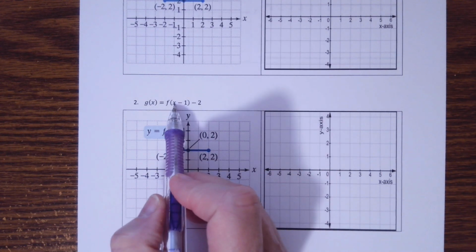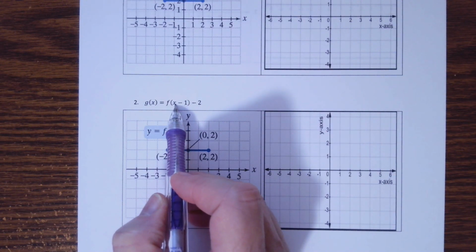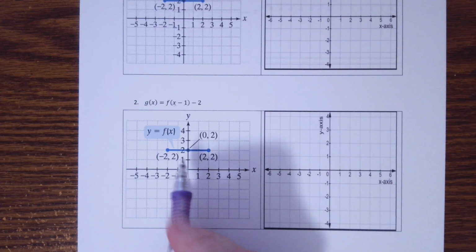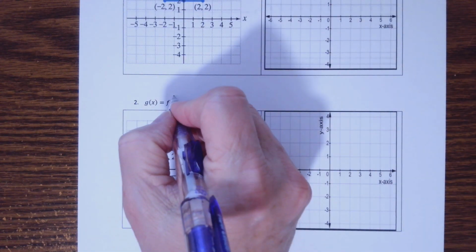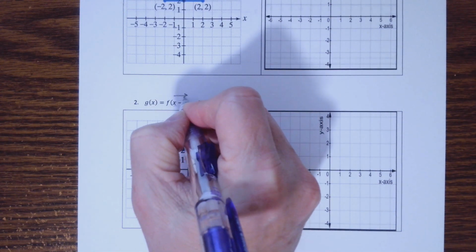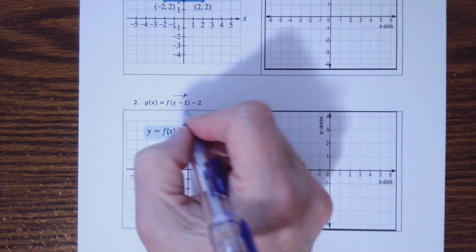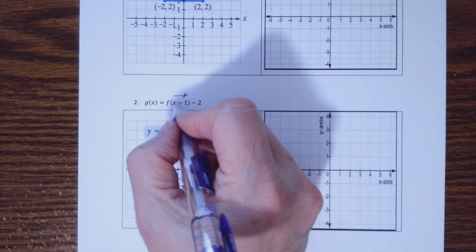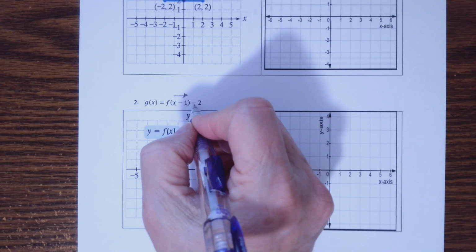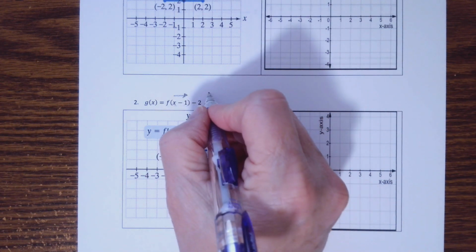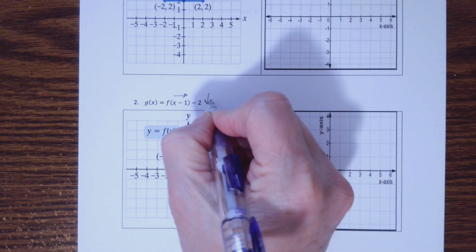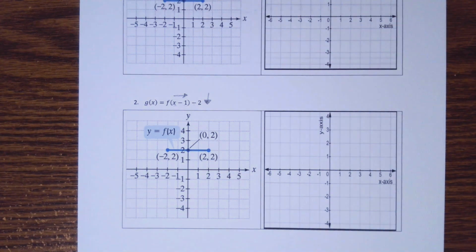So it's like, what is the opposite x value to make this equal to 0? Well, that would be a positive 1. So this function is actually going to move in the right direction. So when it's with the x, we have to think the opposite. And then minus 2, since it's outside, that's our y value. That's going to go down 2.